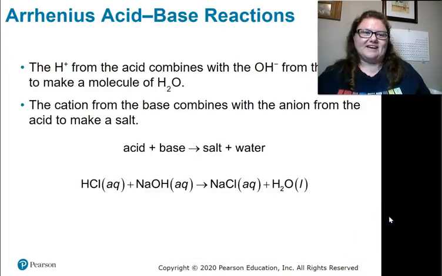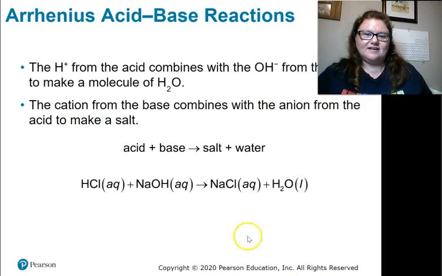So we can have an Arrhenius acid-base reaction where we have the acid that produces the H+, that H+ then combines with the OH- ion from the base, and it makes a molecule of water. Take a look at this. We have hydrochloric acid here. This is an acid.